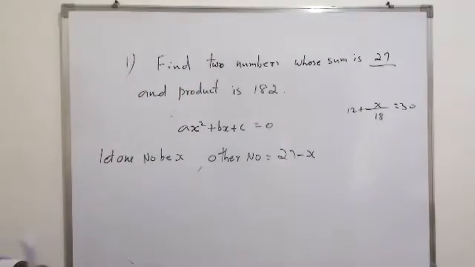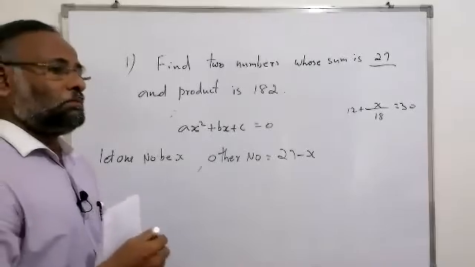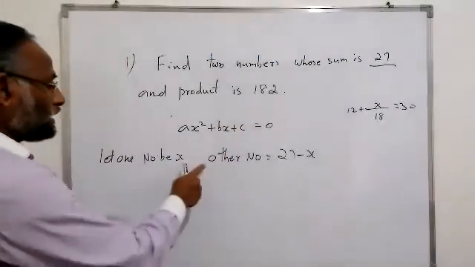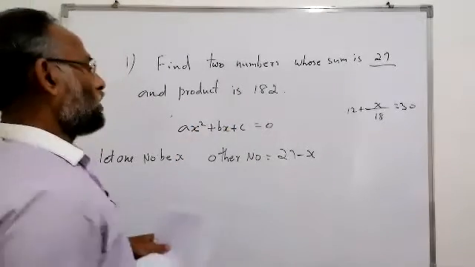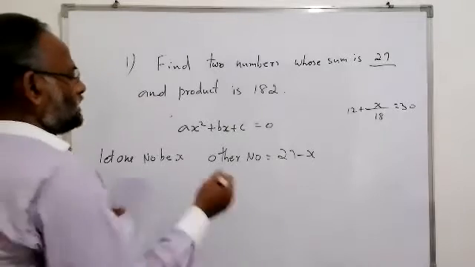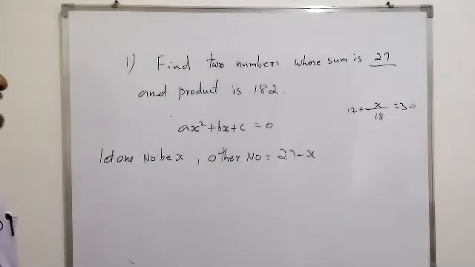27 minus x. Instead of x and y, we can do linear equation. You can try from home because you studied that. x and y. But here x and y will not work out. We need x only or y only. Let one number be x. Then other number is 27 minus x.